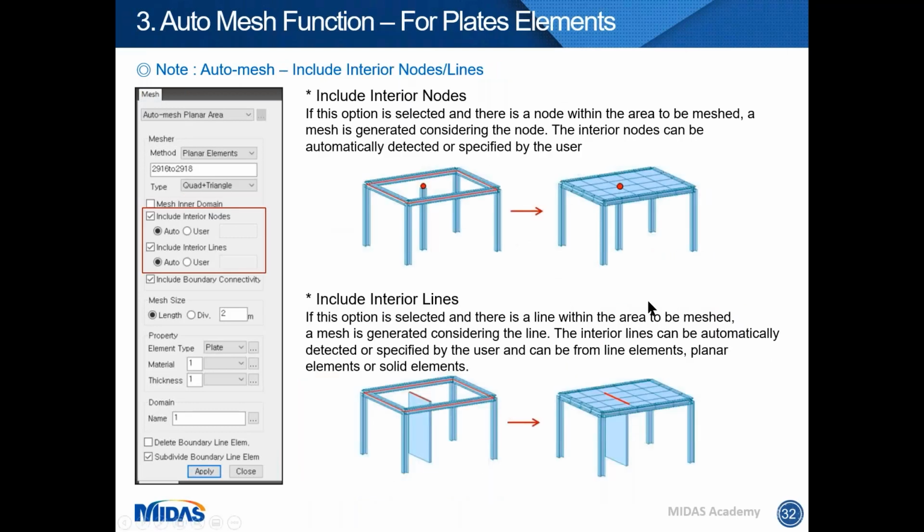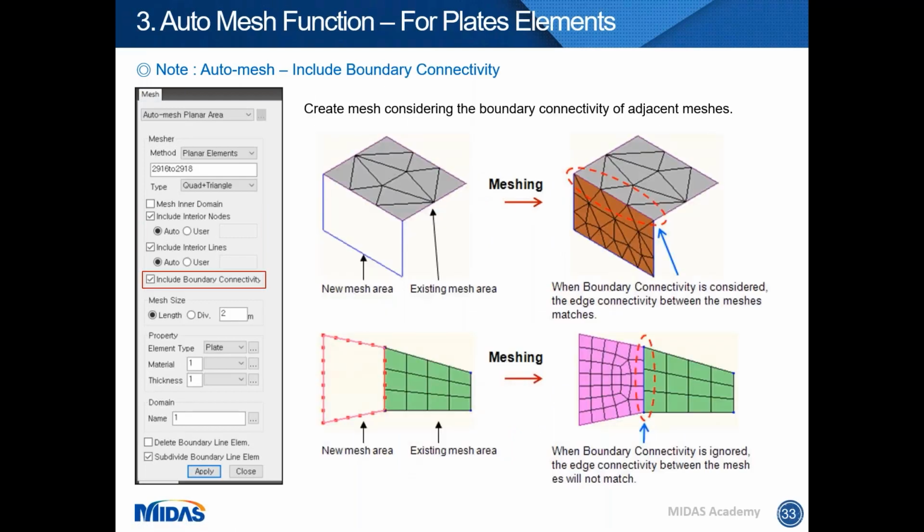And here we also have different options. When we have, let's say, element or node, whether to consider the node or element when we generate the mesh. We can also consider node sharing when we have multiple areas to generate mesh with using the automatic function multiple times.